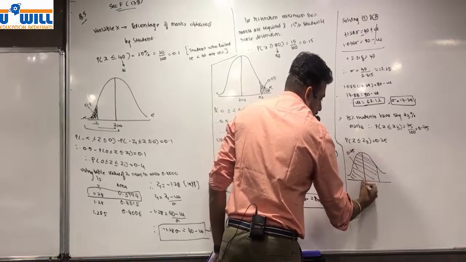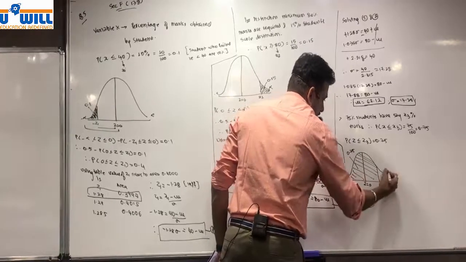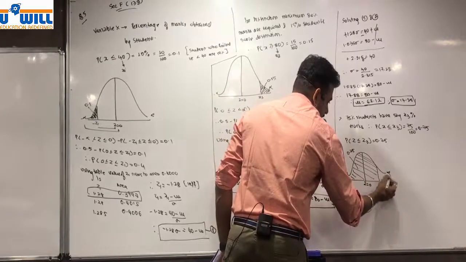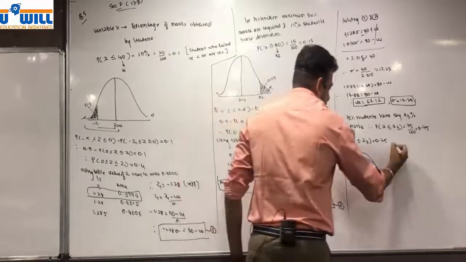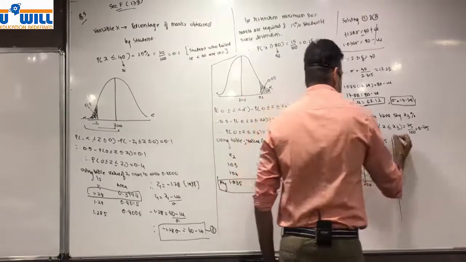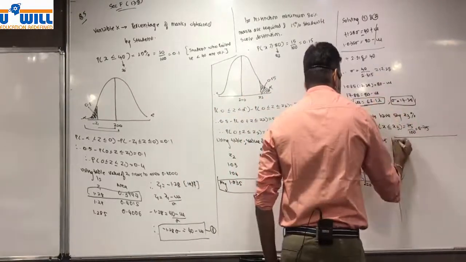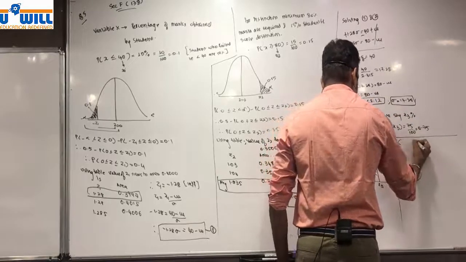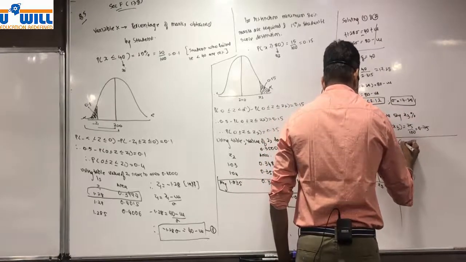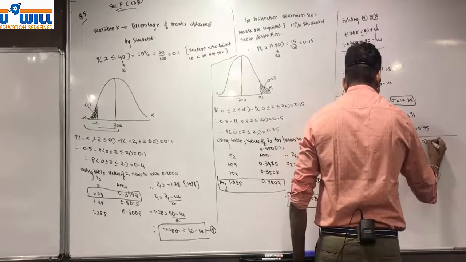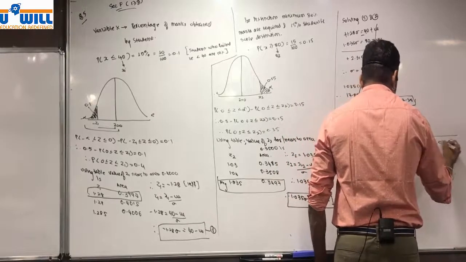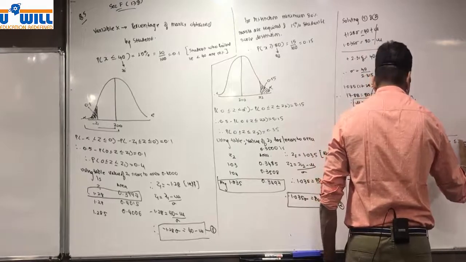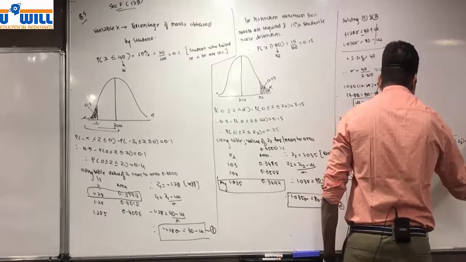0.75 area. Z is equal to 0, minus infinity, plus infinity. Z3. So we make the equation now. Probability of z greater than minus infinity less than or equal to 0 plus probability of z greater than or equal to 0 less than or equal to z3 is equal to 0.75.